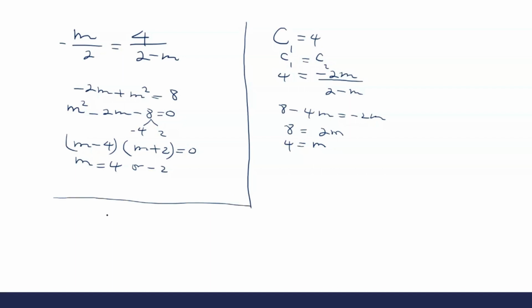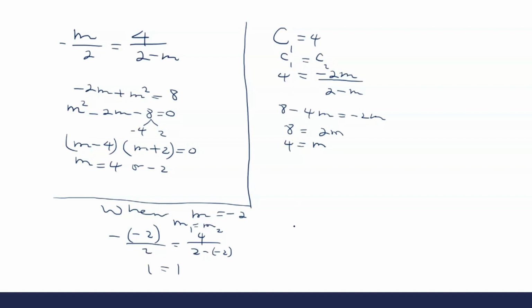Now when m equals negative 2, if I substitute negative 2 into this equation, that's going to give me 1, and that's going to give me 1 again. So the m's are the same, m1 equals m2. Let's find out if c1 equals c2. The c value is 4 for c1.